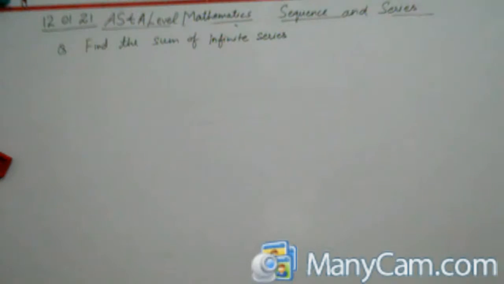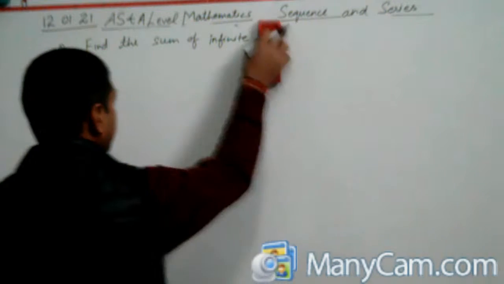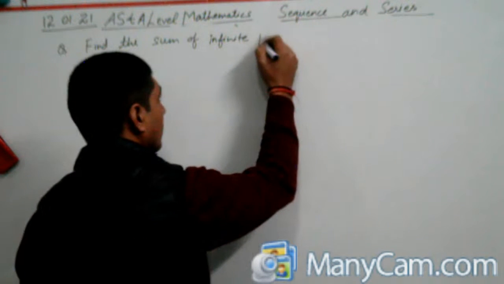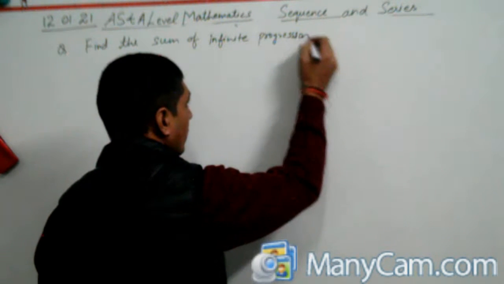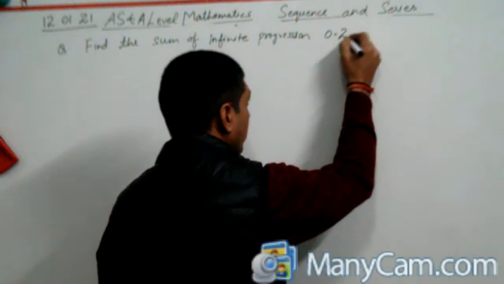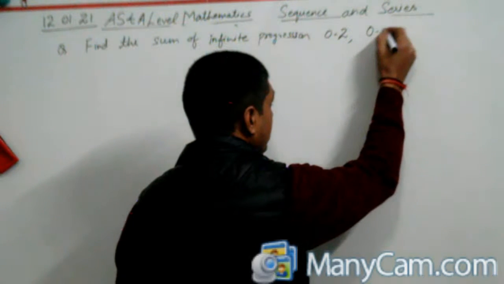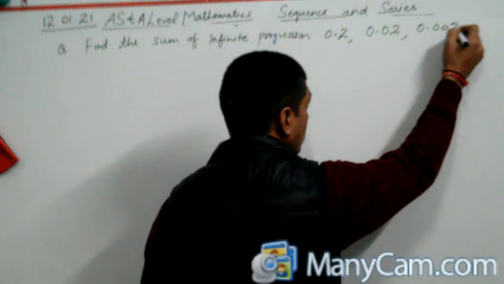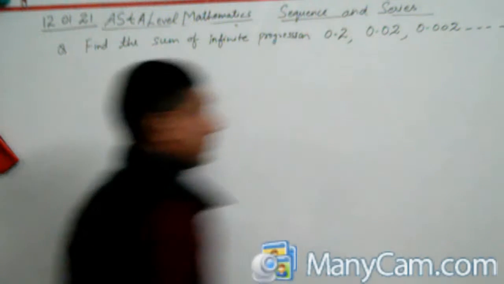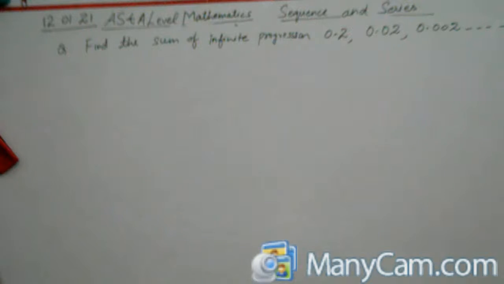Find the sum of the terms of the infinite geometric progression 0.2, 0.02, 0.002, and so on, right? You have to find the sum of the progression.